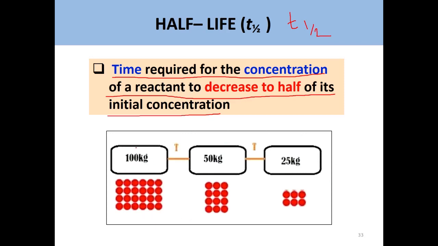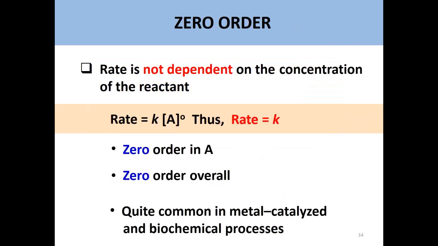The initial concentration is about 100 kilogram, then it reduces to about half, then reduces to about 25. This is the half-life. How we are going to calculate the half-life, we will see later.